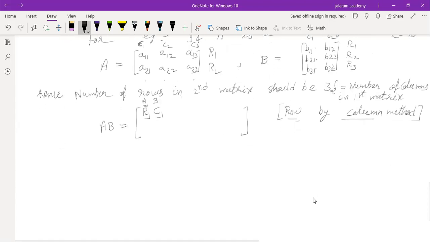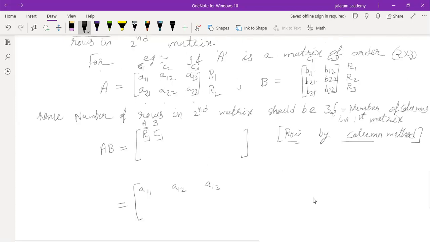So I am telling you this for one element first. Row 1 of first matrix is A11, A12, A13. Then take the elements of column 1 of second matrix.